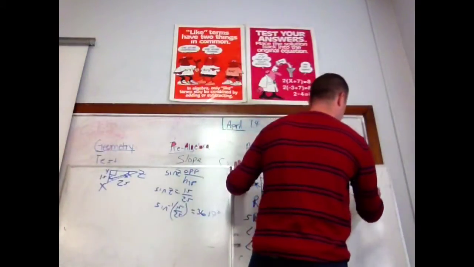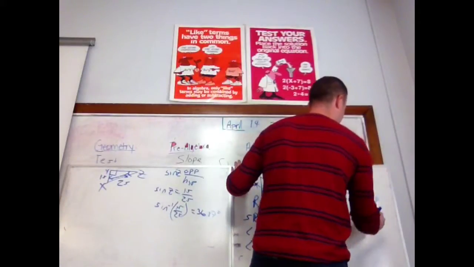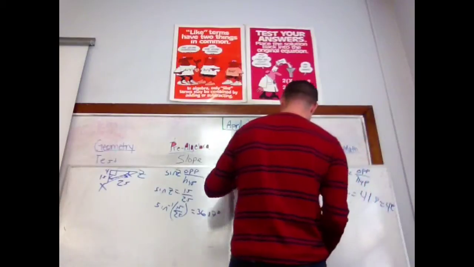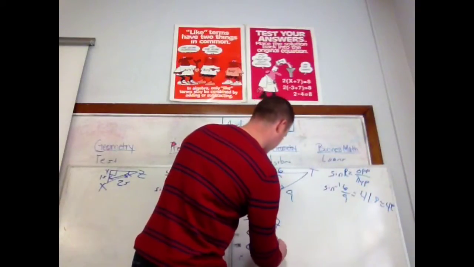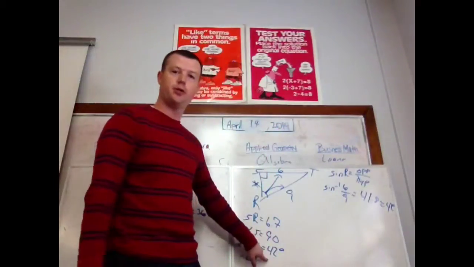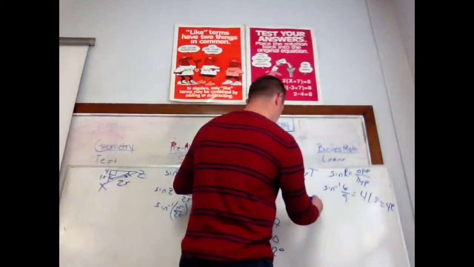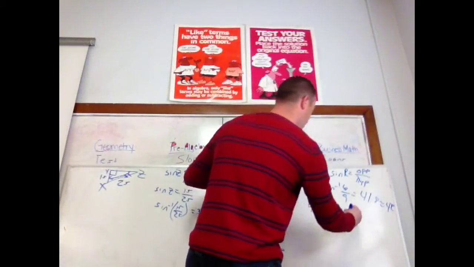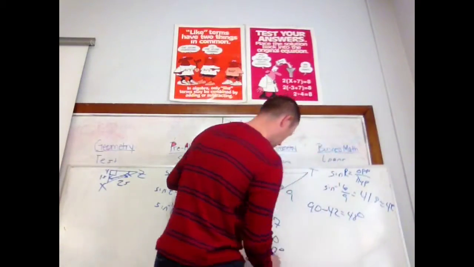And the directions do say round to the nearest degree. So that would be approximately 42 degrees. So r is 42 degrees. Now, to find angle T? Well, we know that's 42. So, therefore, we go 90 minus 42, which happens to be 48 degrees for angle T.